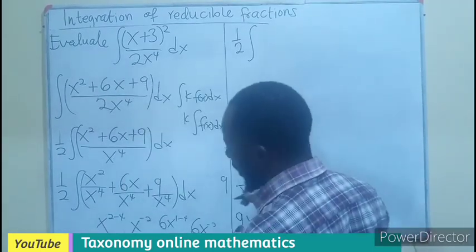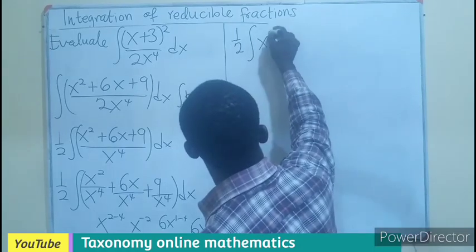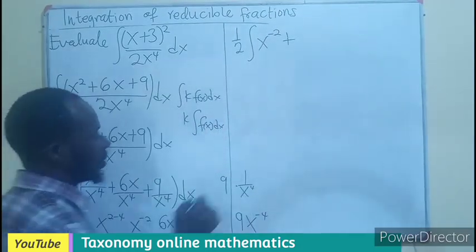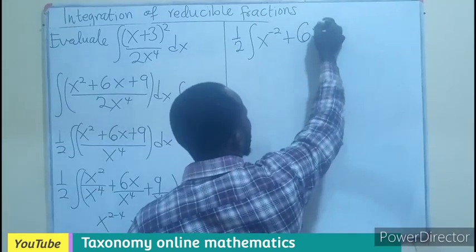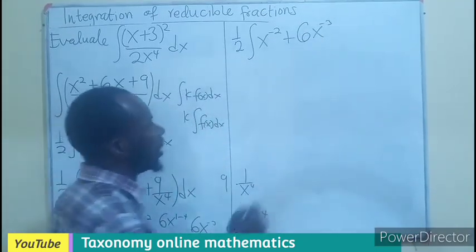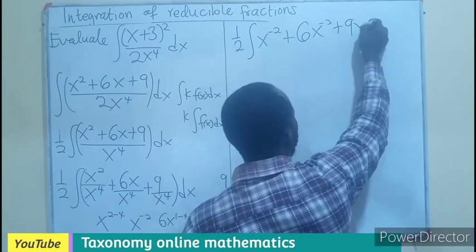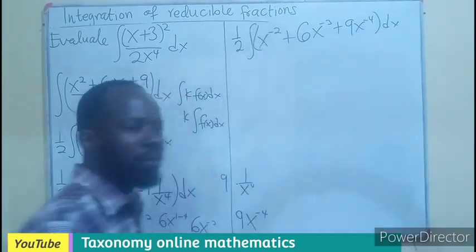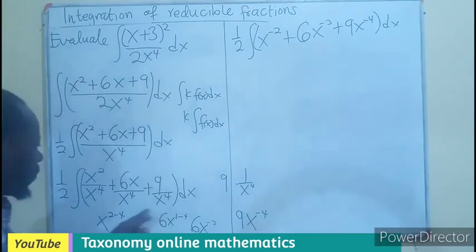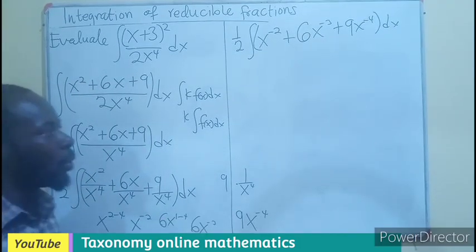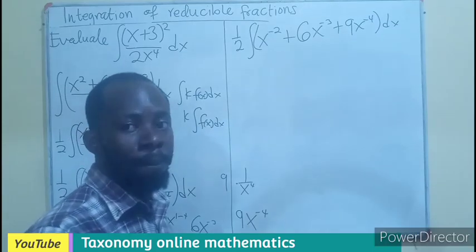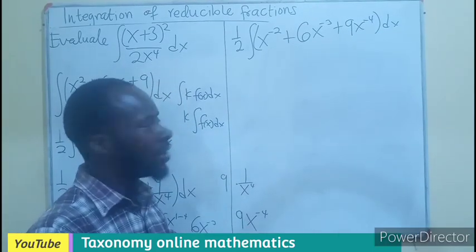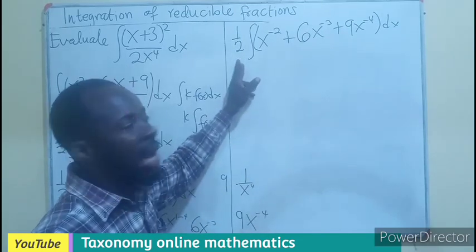So this becomes the integral of x to the minus 2 plus 6x to the minus 3, then plus 9x to the power minus 4. So now each of the fractions is reduced to a polynomial with a negative exponent.